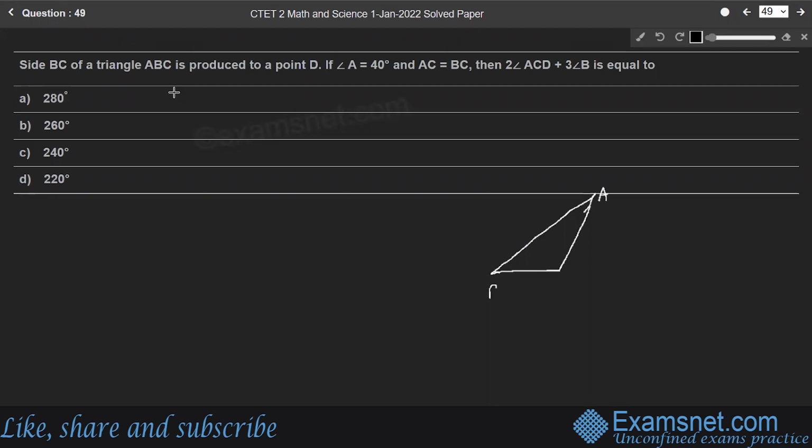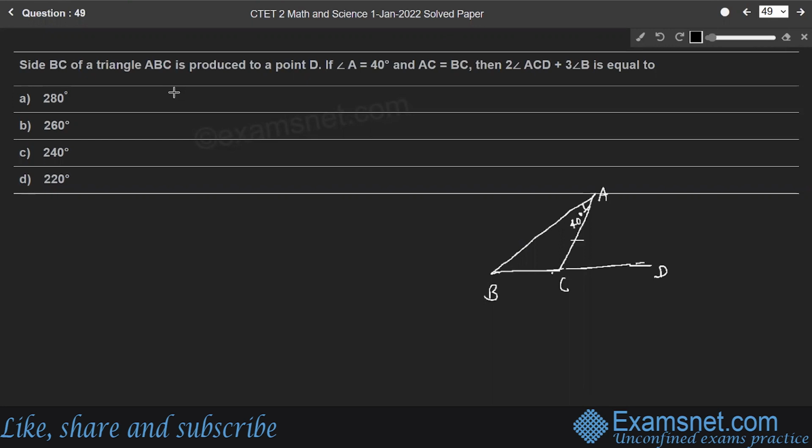If BC of a triangle is produced to a point D, right?